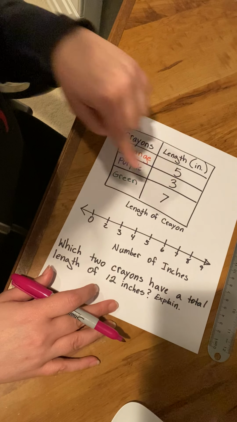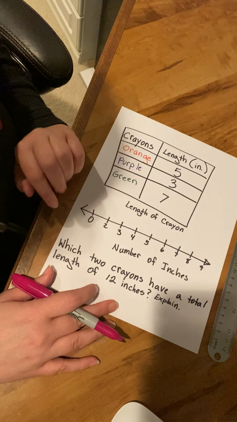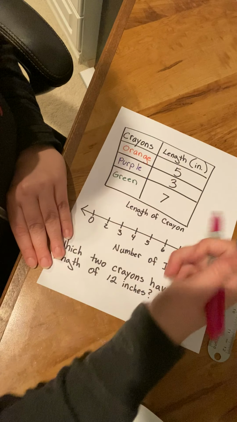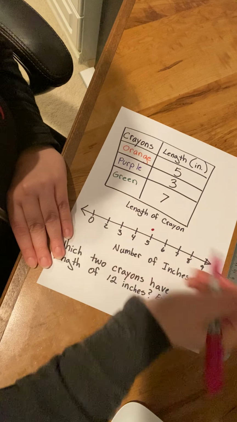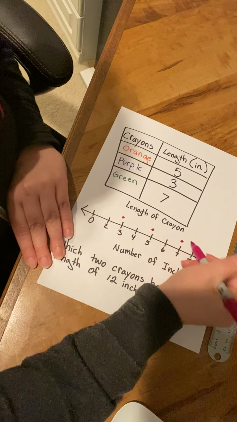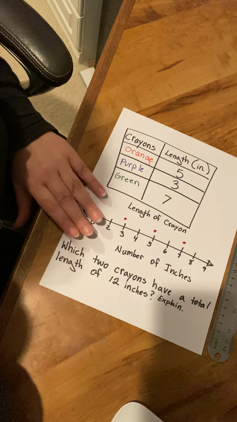Purple was 3 inches. Purple got used a lot. And the green was 7 inches. So again, I'm going to plot my numbers. So I have 5, 3, and 7. Now I can use this information to answer some questions.